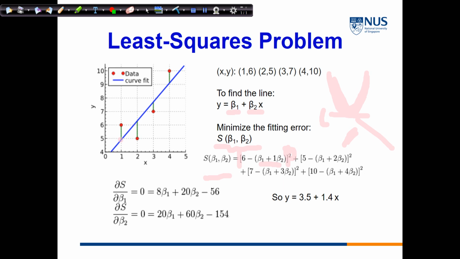But here we just set the first order derivatives, dS over d beta 1 and dS over d beta 2, both to be 0, and solve for beta 1 and beta 2. From these 2 equations with 2 variables, we solve beta 1 is 3.5, beta 2 is 1.4, an easy calculation, and then we fit this curve here.